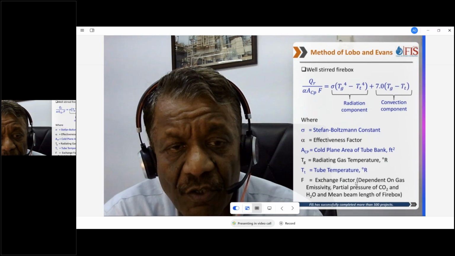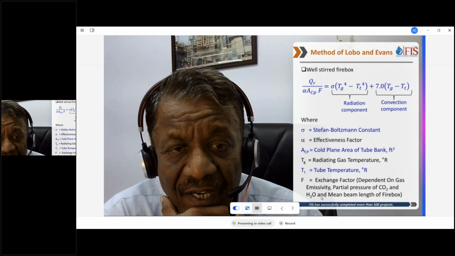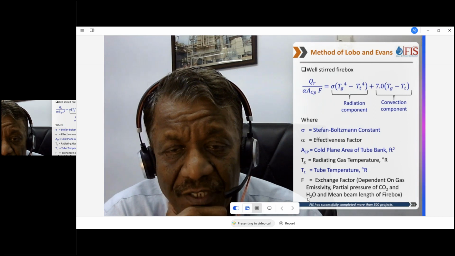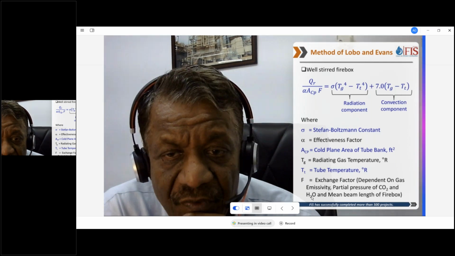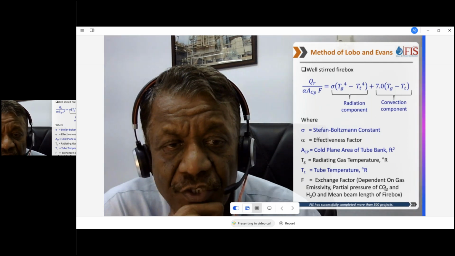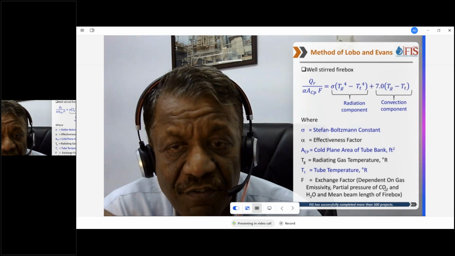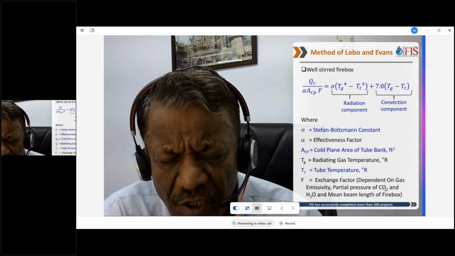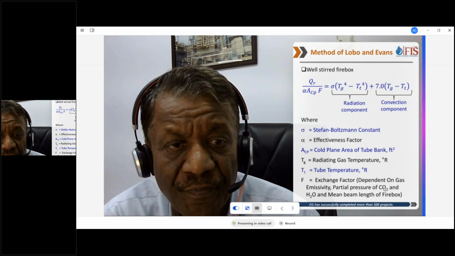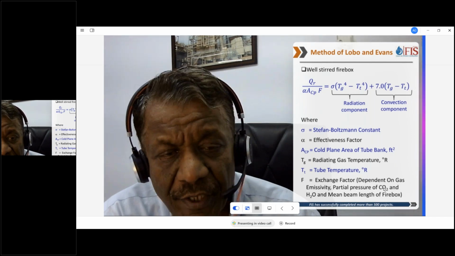We are going by the partial pressure of CO2 and water vapor. These are the two molecules which are triatomic, and these are the ones which are responsible for radiation of heat from these molecules to the tubes. So that's what it is dependent on, and then mean beam length.